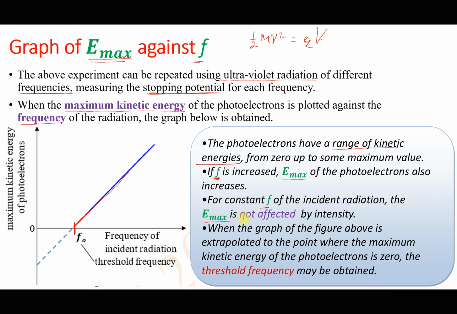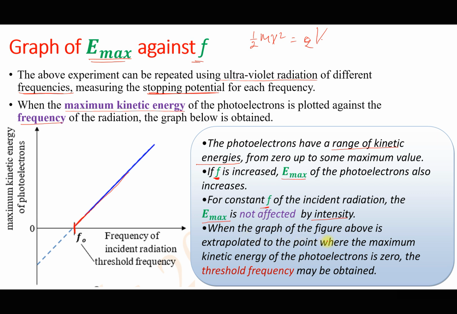When we increased the intensity and kept the frequency constant, the maximum kinetic energy was not affected. But if we increase the frequency, as long as the frequency is above threshold, the maximum kinetic energy of photoelectrons also increases, which increases the stopping potential.